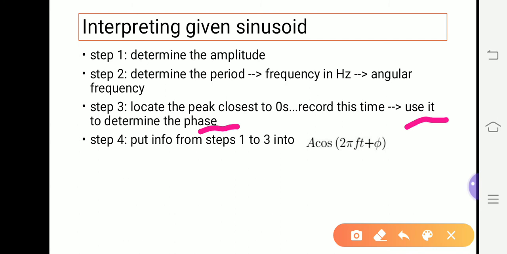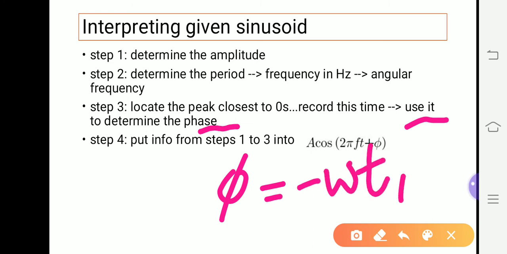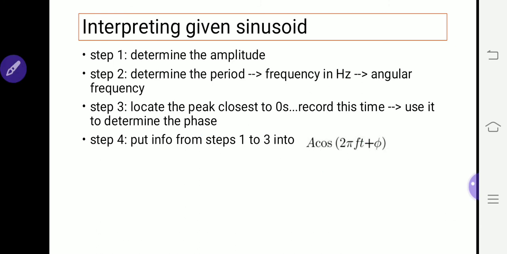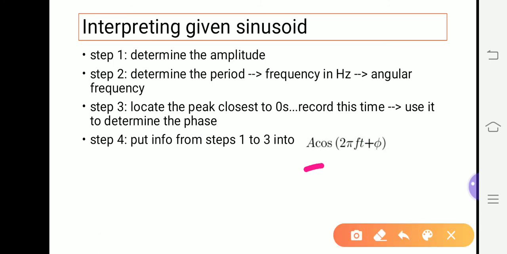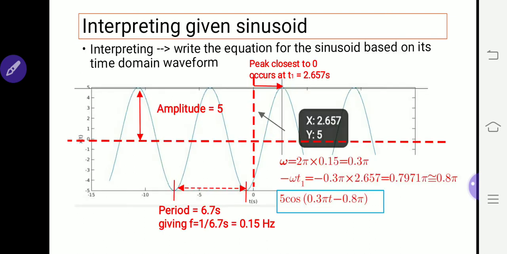Just now we had the equation phi is equal to negative omega t1. Then the last step is to put everything together: you have the amplitude, the frequency, and the phase. So write it as A cos(2 pi f t + phi).